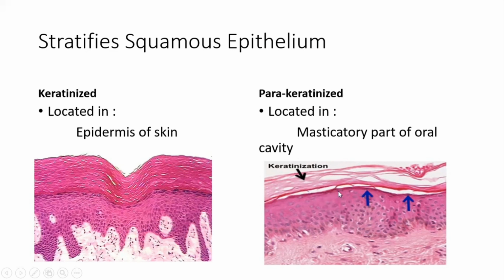Squamous, the apical cells are flattened and they have a bit of keratinization, so it's called parakeratinized. And these epithelia are located in the masticatory part of the oral cavity, so where we deal with the food majorly, in the dorsum of the tongue and in the pharynx when you go down.